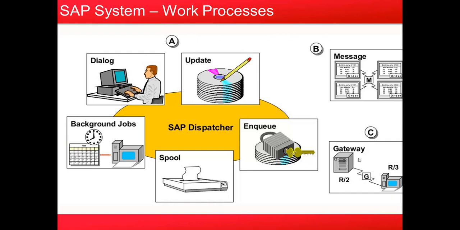So these are the three main categories: the different work processes for dialogue, update, locks, jobs, spooling, and this is for the message server and gateway servers. Okay, so now let's continue further.